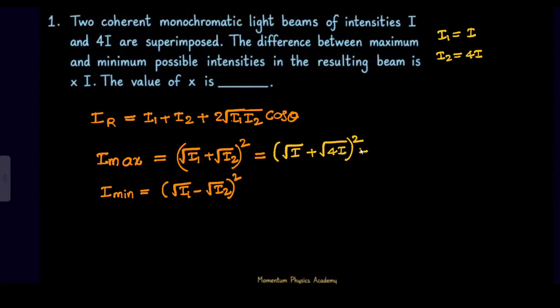This is root I plus 2 root I, whole square, which means 3 root I whole square. The square of this value is 9I.